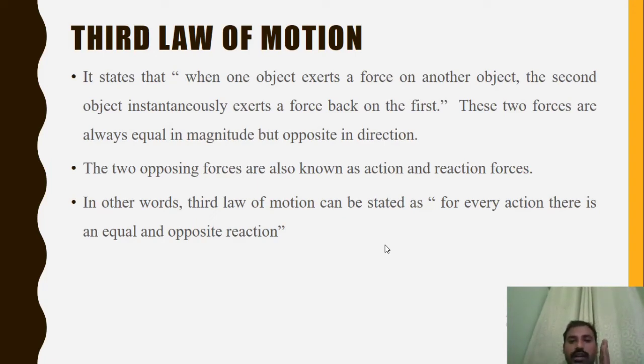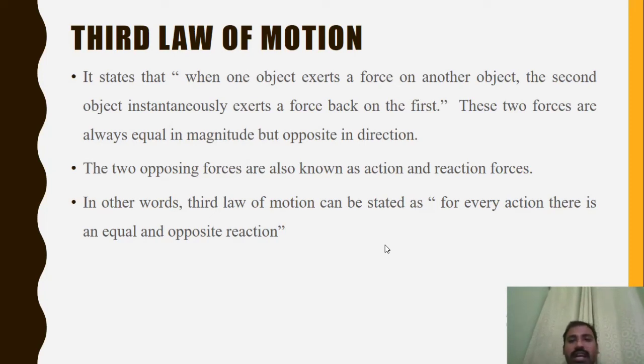Equal and opposite reaction, because if we are applying 10 Newtons of force like this, the other body will also exert 10 Newtons of force back on the first object in the opposite direction. The magnitude of force will be the same.